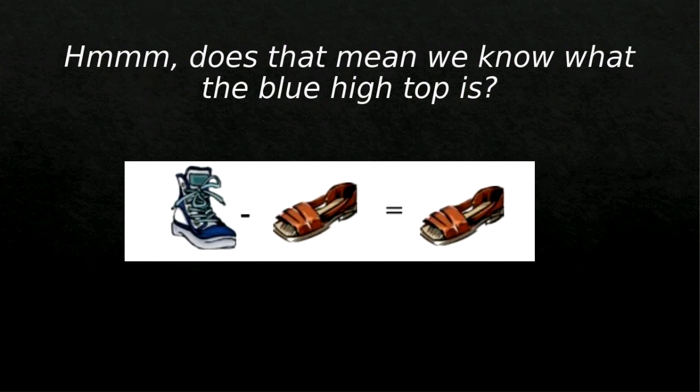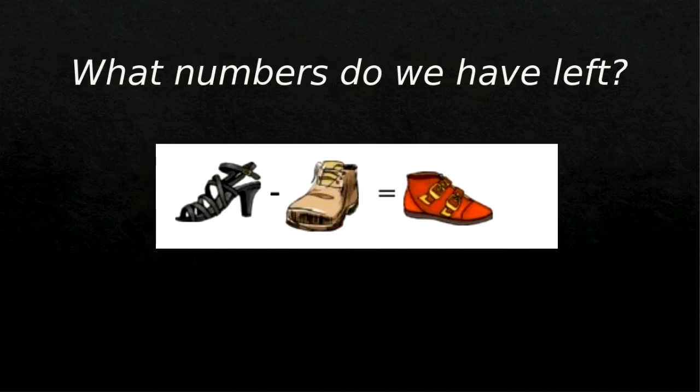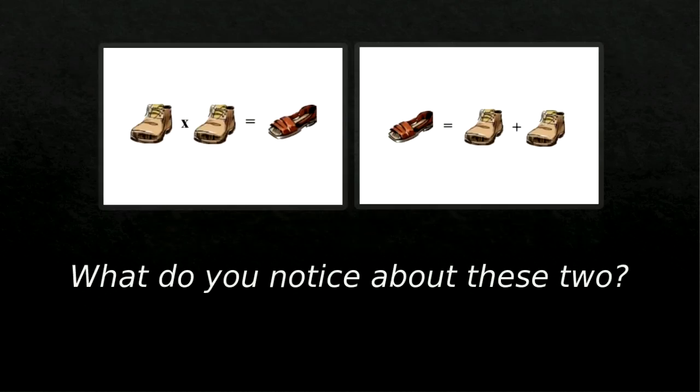Okay, we have 3 more numbers left. I think we only have 2 new shoes there. That brown work boot we had already figured out. Remember when we did the brown work boot here? We knew it was a 2.